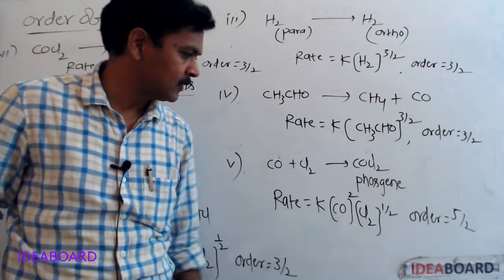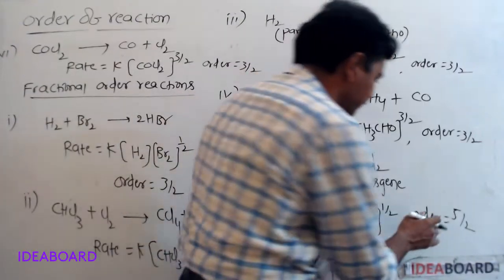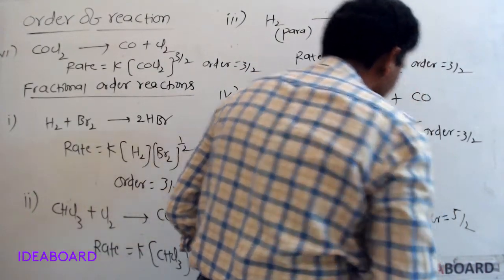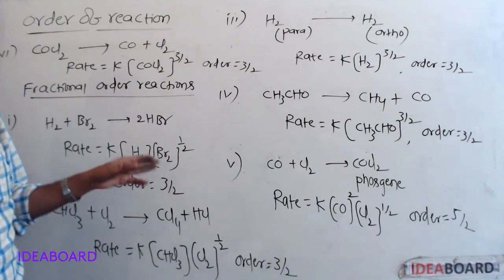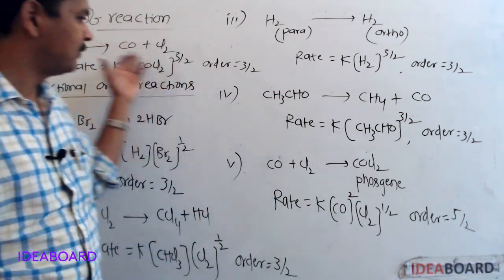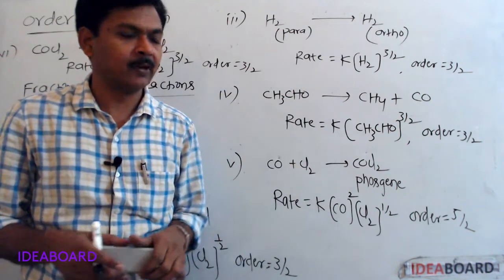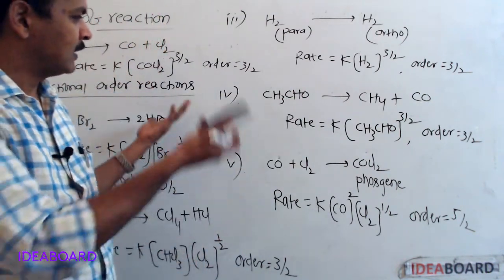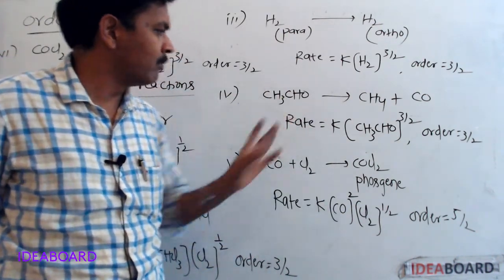For the formation of COCl2, order is 5 by 2. For decomposition of COCl2, order is 3 by 2. All these are the examples for different order of reactions. These are complete memory based reactions only, because directly we cannot write the rate equation. Complete memory based. You should remember all these.